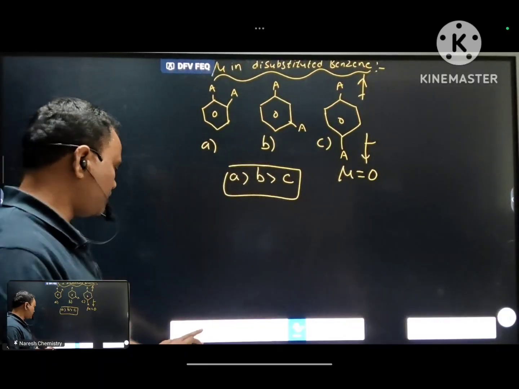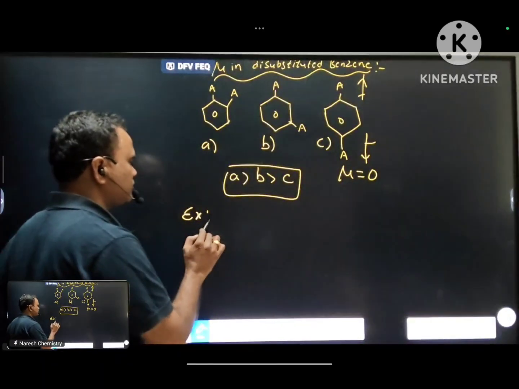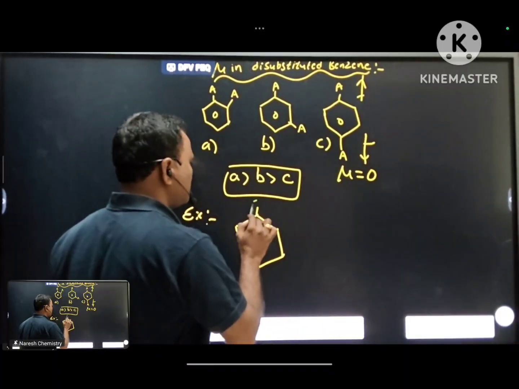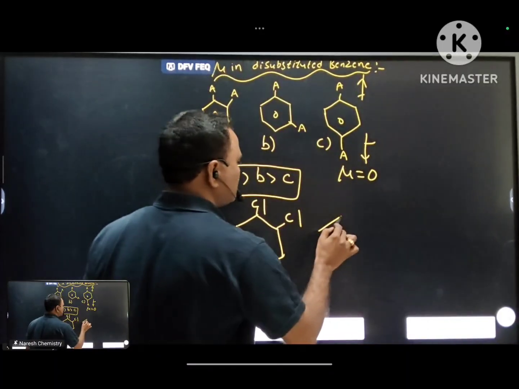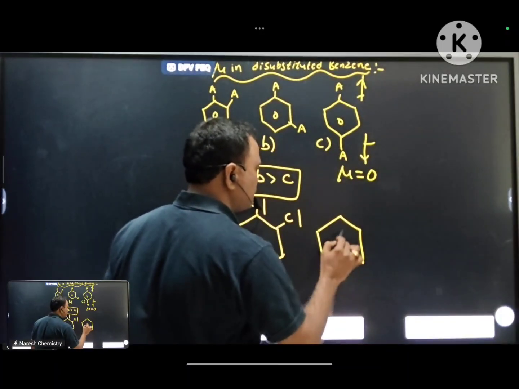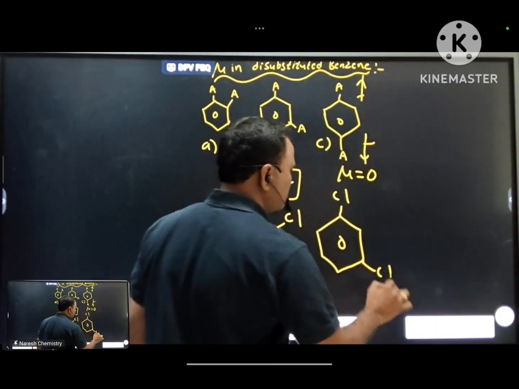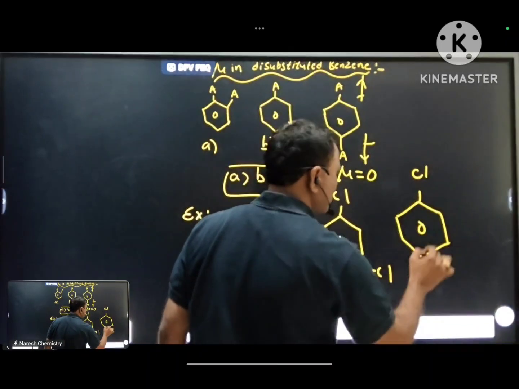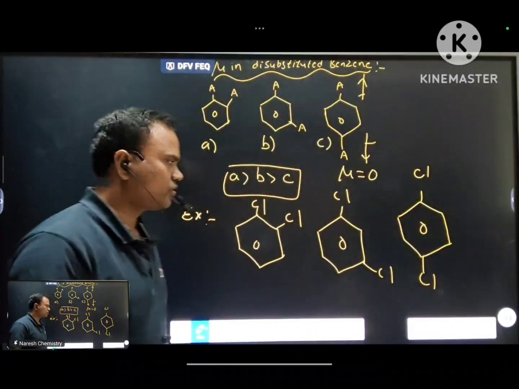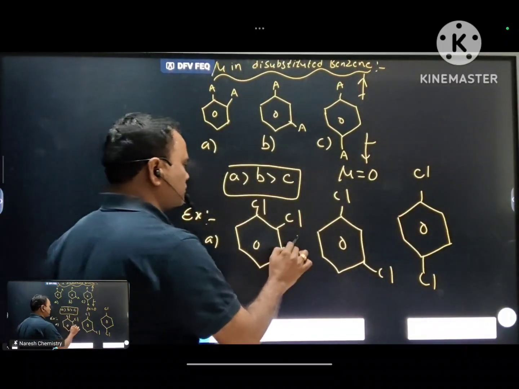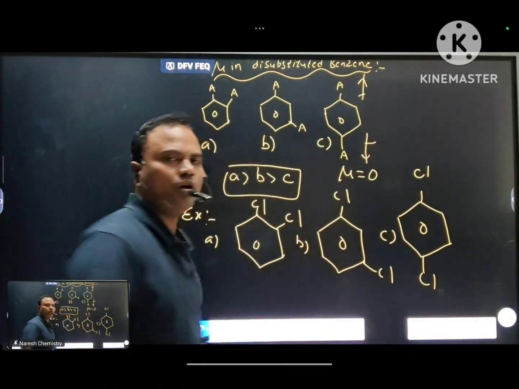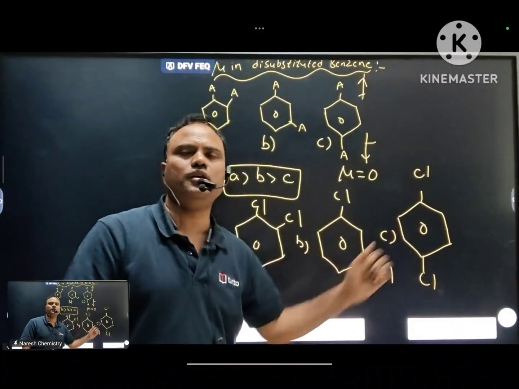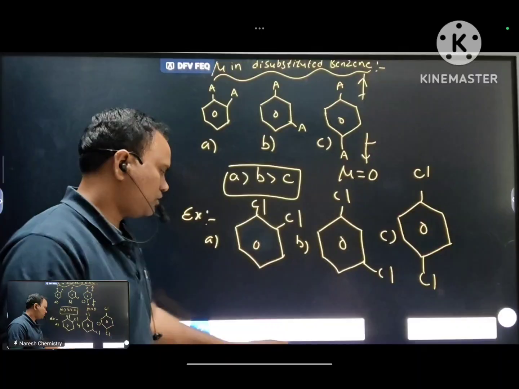Let us take some examples. Can we give its name? Anybody, what is the name of this compound? Give numbering and say the name. Orthodichlorobenzene.